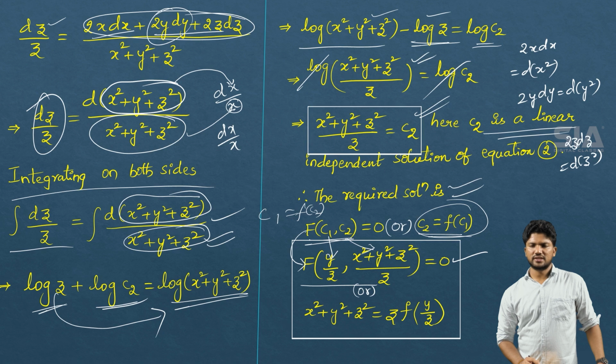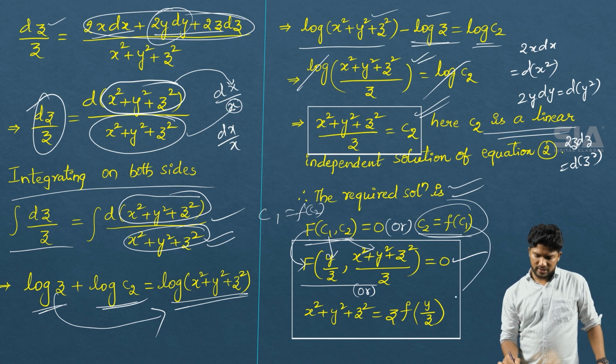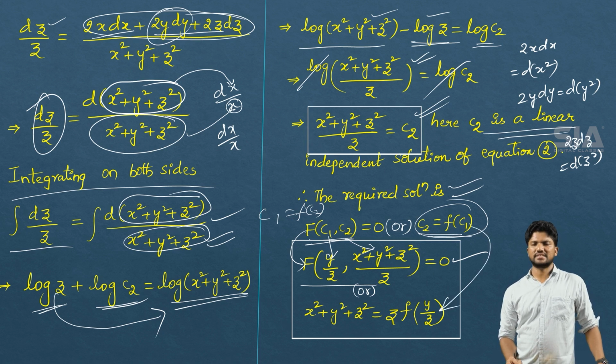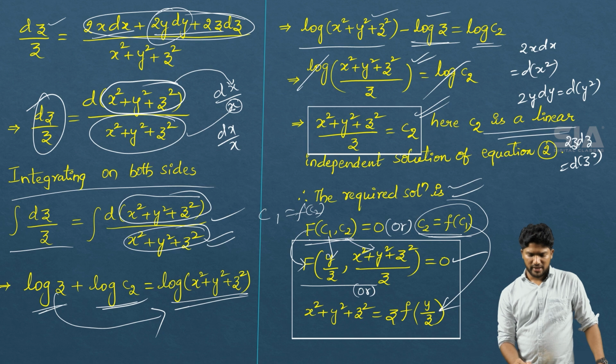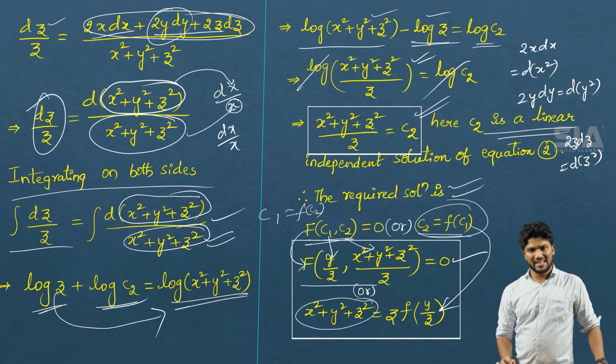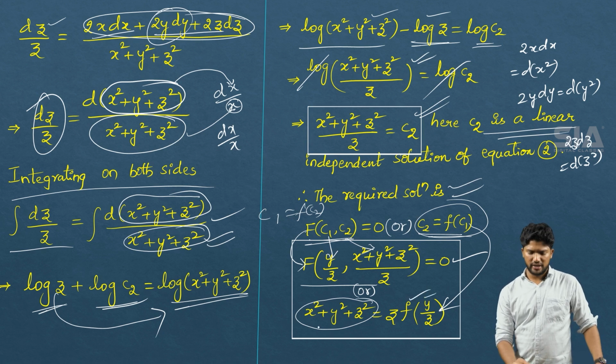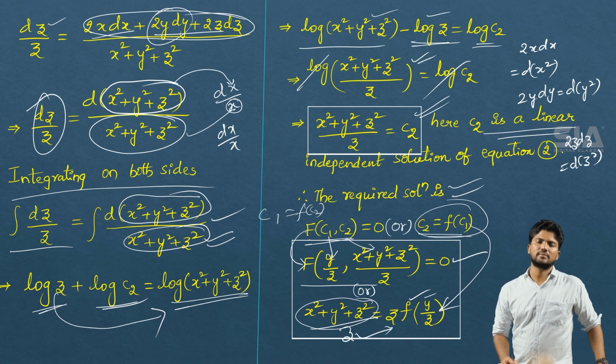This is one solution. Otherwise, if you use the second equation, you can write in this format: c2 is equal to f of c1. c2 is (x square plus y square plus z square) by small z, and c1, that is f of c1, is nothing but f of y by z. The z in the denominator, if you send to RHS, will become the product.